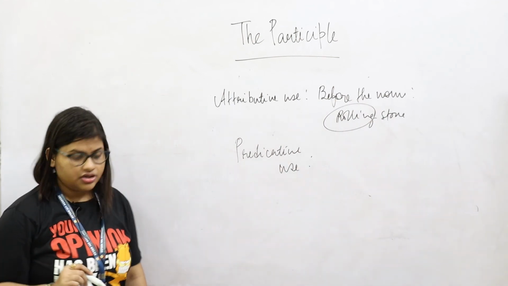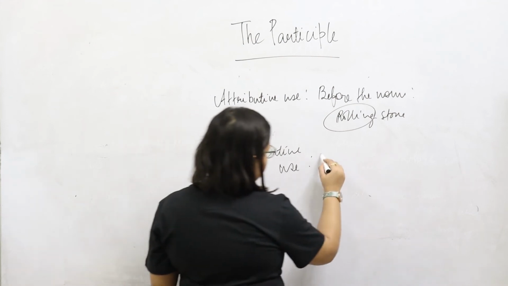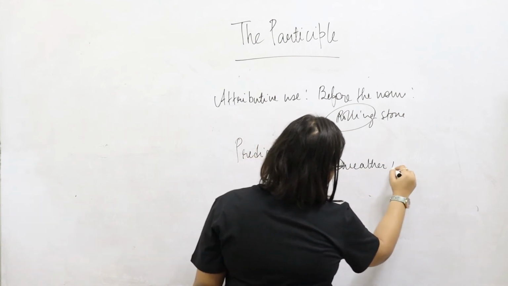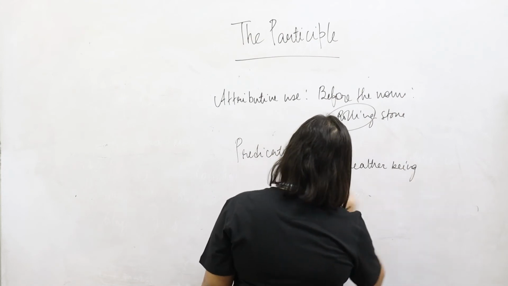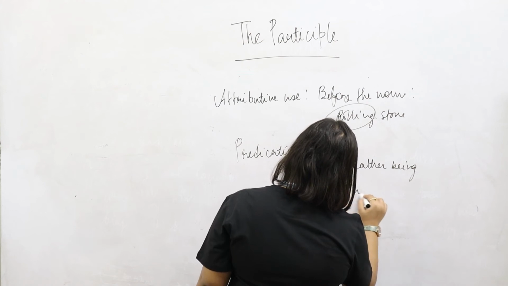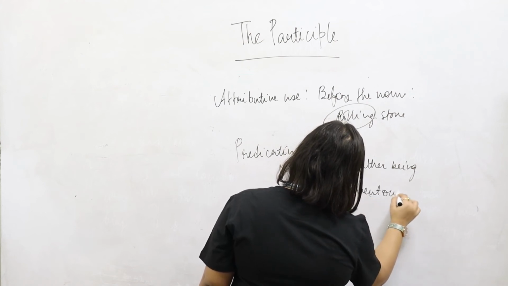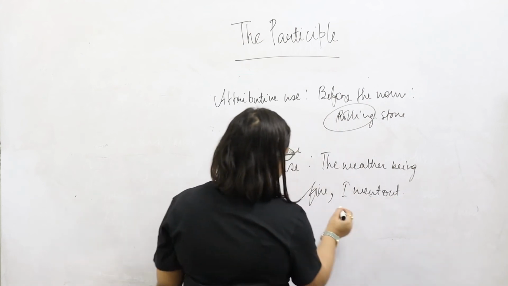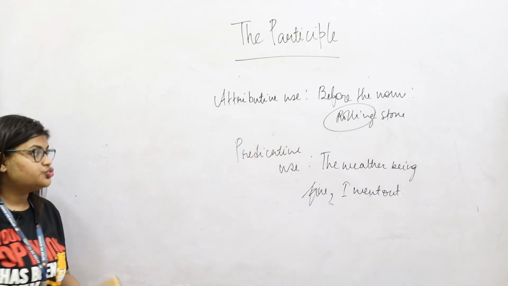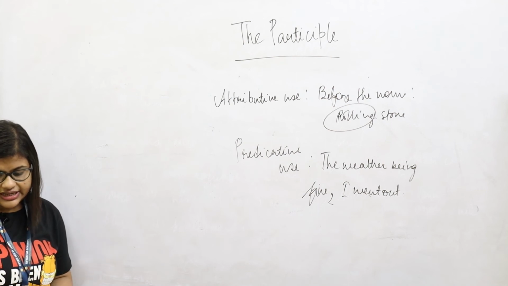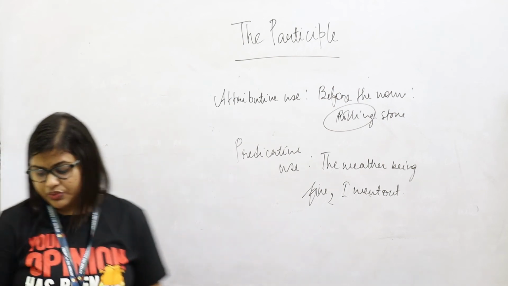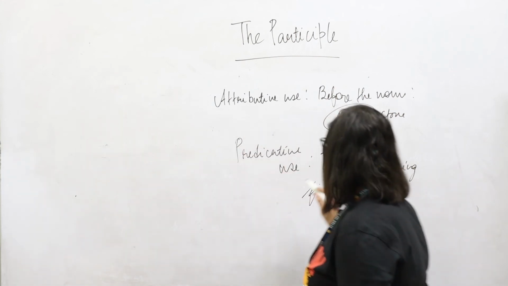For example, the weather being fine, I went out. That is the predicative use of your participle. Next could be: many having arrived, we were freed from anxiety.